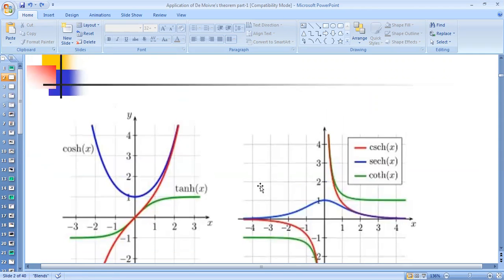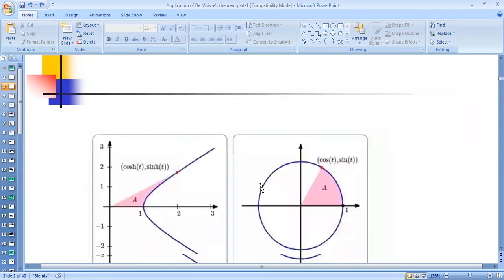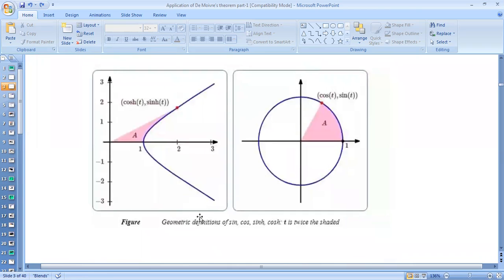Now in geometric notation, the geometric definition of sine: this is the hyperbola. This blue color indicates the hyperbola, and the red point is the position at any point of the hyperbola.